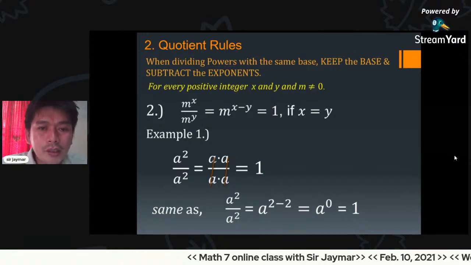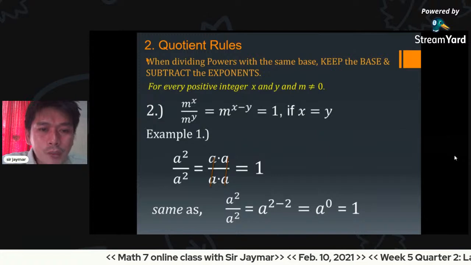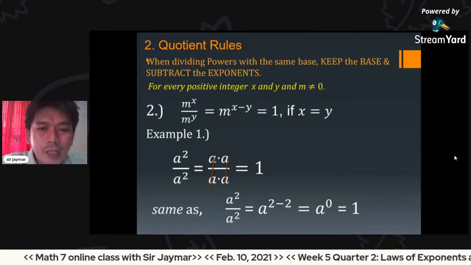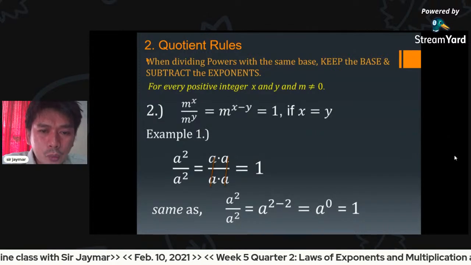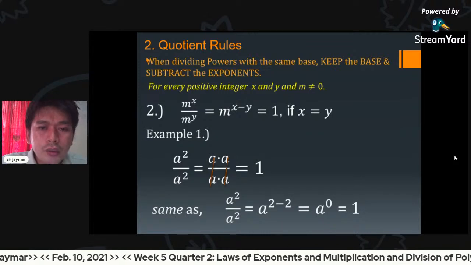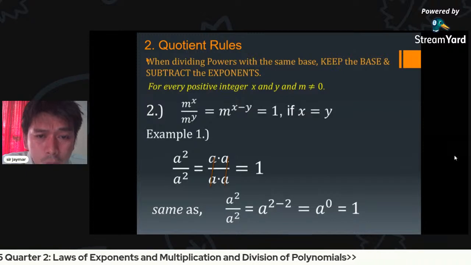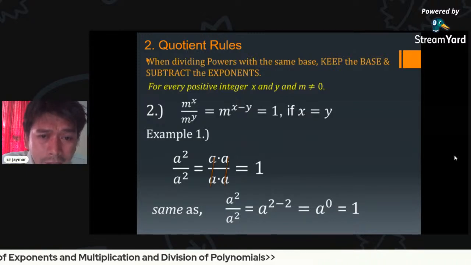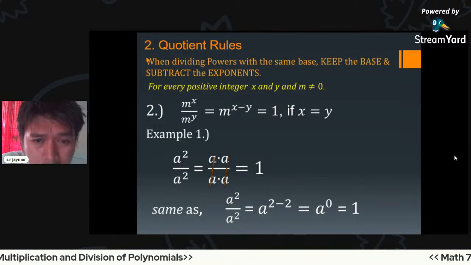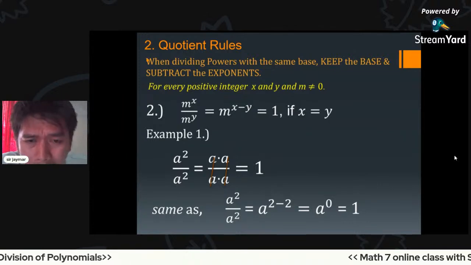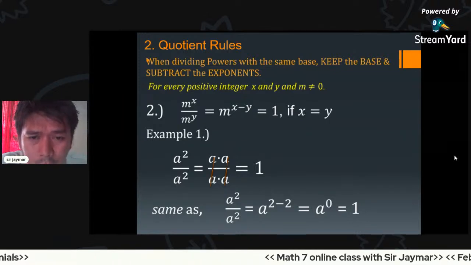Same as with this solution, same answer: a raised to 2 divided by a raised to 2 equals a raised to 2 minus 2, it will become a raised to 0, that is equivalent to 1.